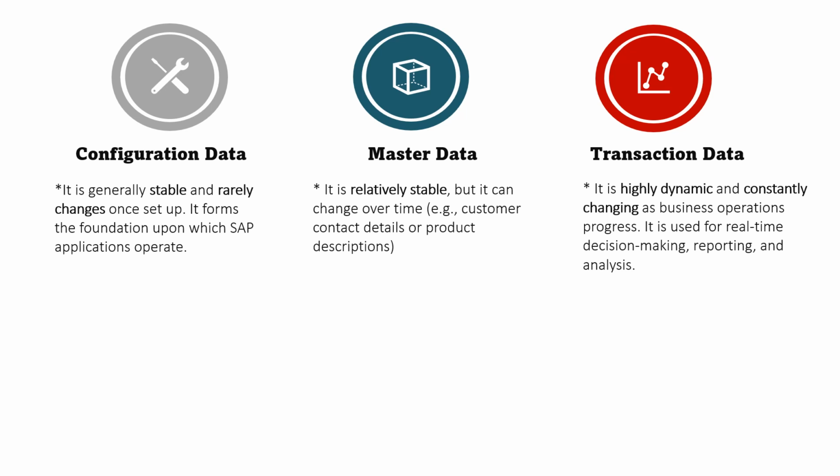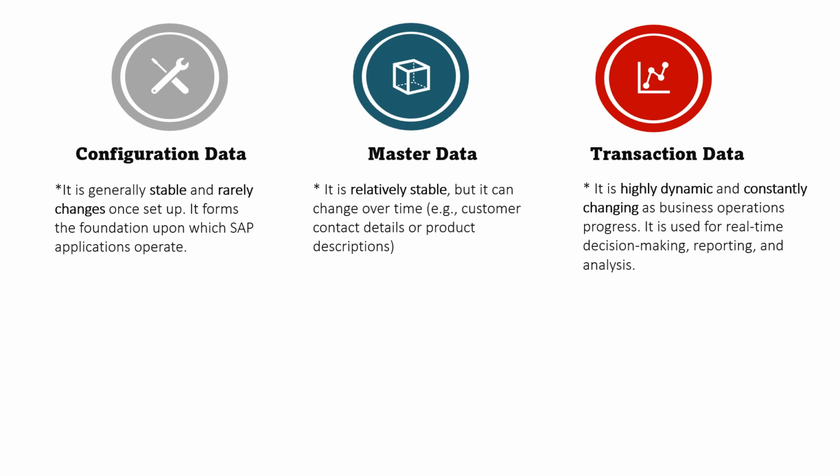Master data, when compared to configuration data, is more dynamic, but still relatively stable compared to transaction data. We might need to create a new customer, vendor, or GL account, or modify addresses or bank details on the customer side. However, the likelihood of this change occurring every hour or even daily is quite low.